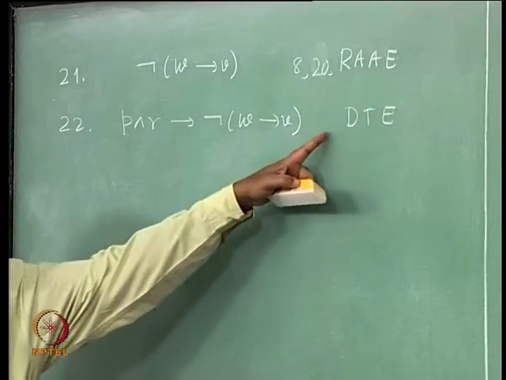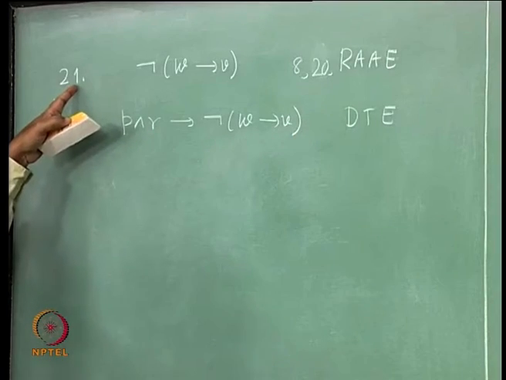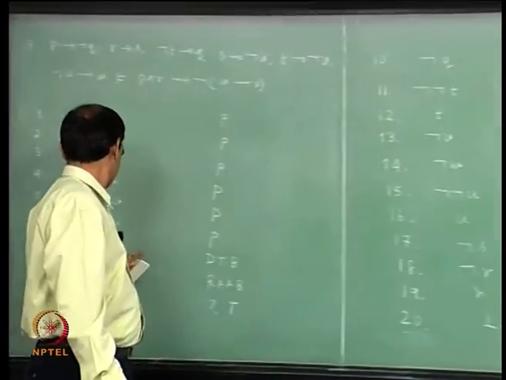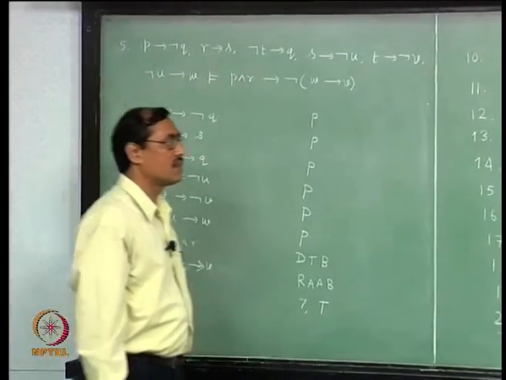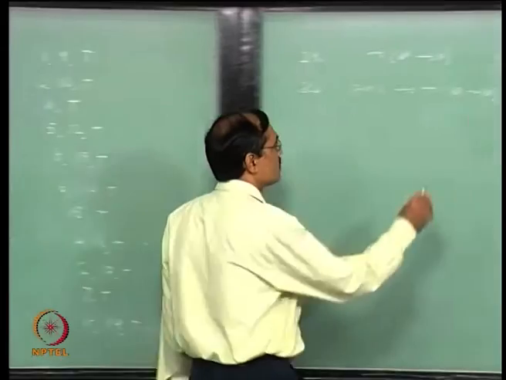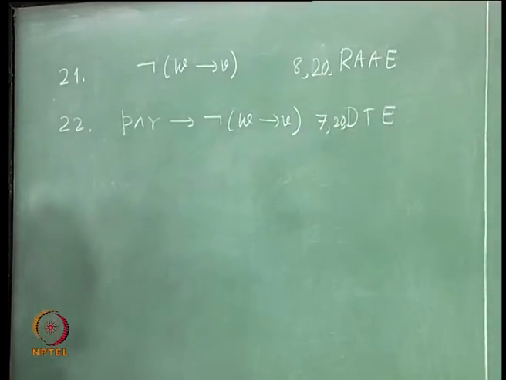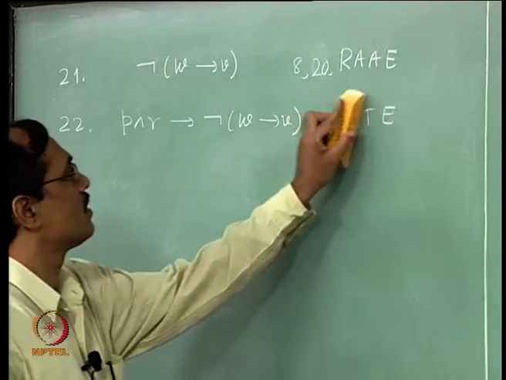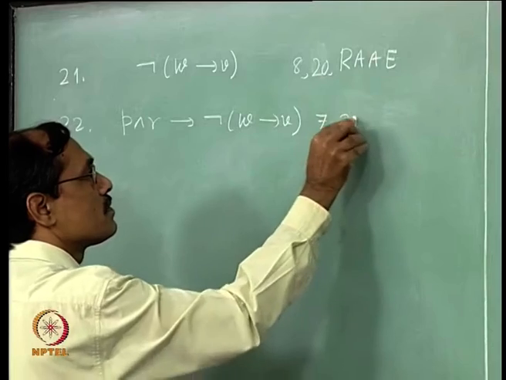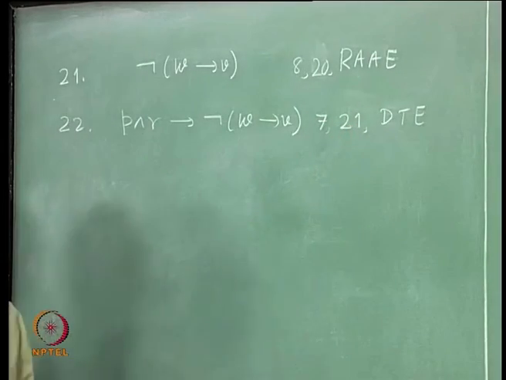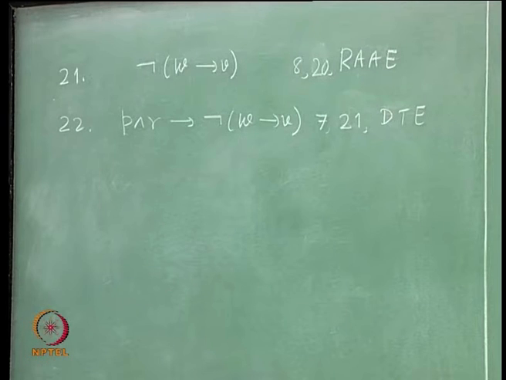Similarly, for DT you will be getting 21, you are getting as a conclusion, and when it starts at 7th one. So, you document it as 7, 20 DT, right, 21. There ends the proof. Is it clear?